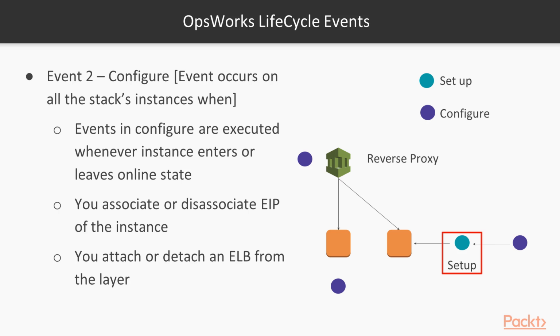The next stage that occurs over here is the configure stage. Once the configure stage occurs in this EC2 instance, what OpsWorks will do is that the thing you have mentioned within the configure stage gets executed on all the instances within the stack.